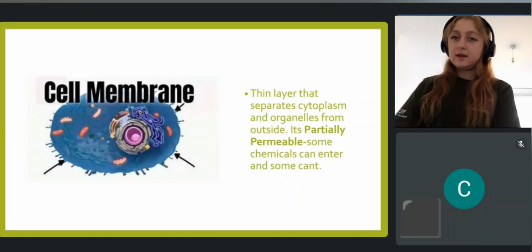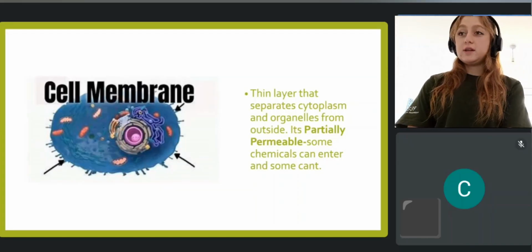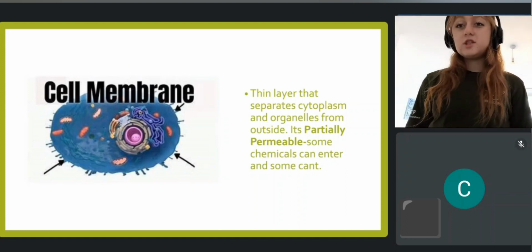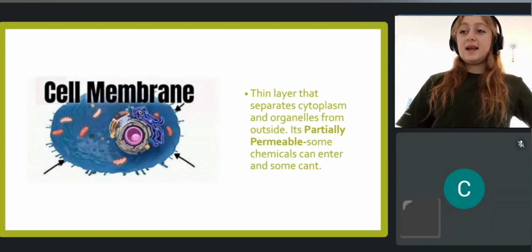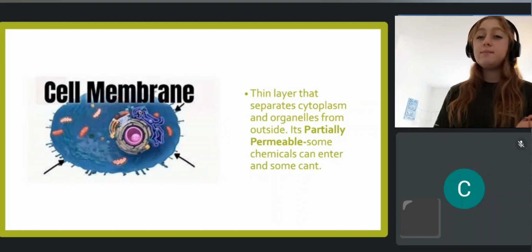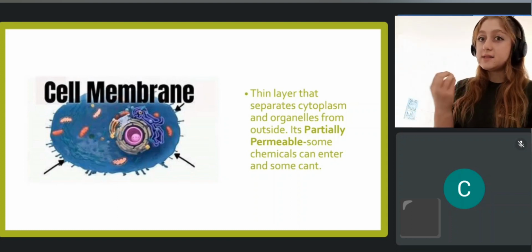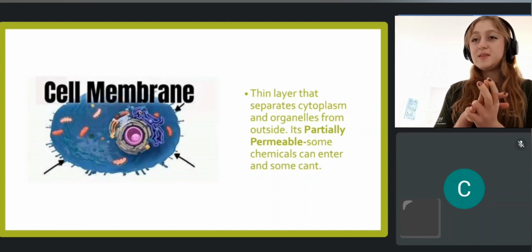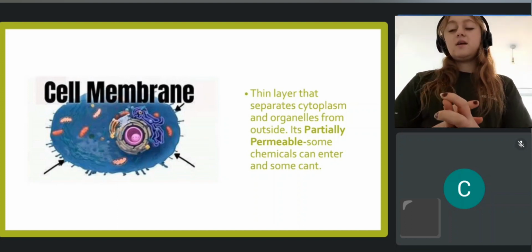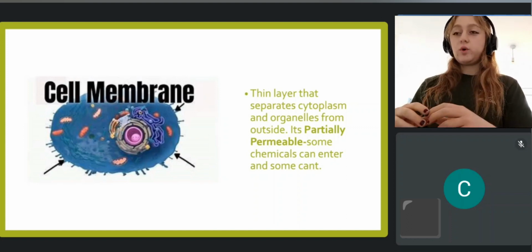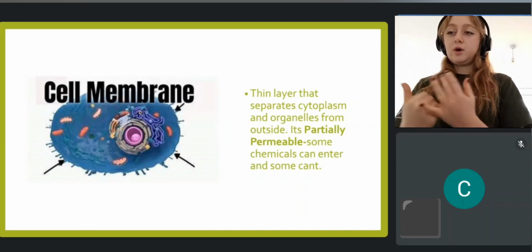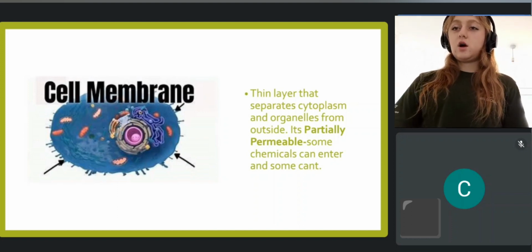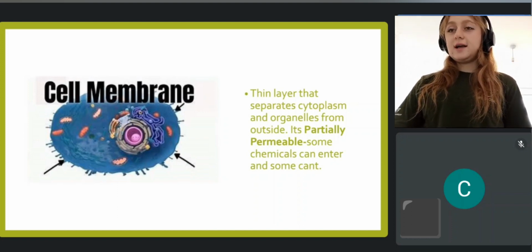And the very cool thing is that this membrane is very, very specialized, and it's called partially permeable, which means it lets some things in and some things not in. So some chemicals can enter the cell and some can't, and the cell membrane gets to pick what can come in and what can't, which is really cool. It's a very important word that we remember, that it's partially permeable. So partially, some things can come in and some things can't. And it's very specialized and intricate.